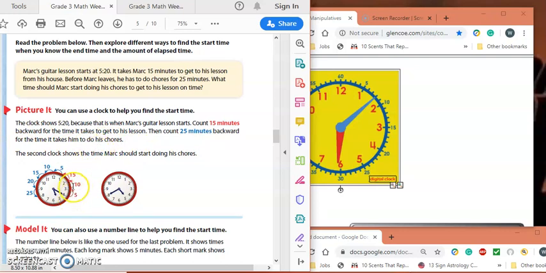So 5, 10, 15 minutes to get to his lesson, and then 5, 10, 15, 20, 25 minutes backwards to do his chores. So Mark started doing his chores at 4:40.